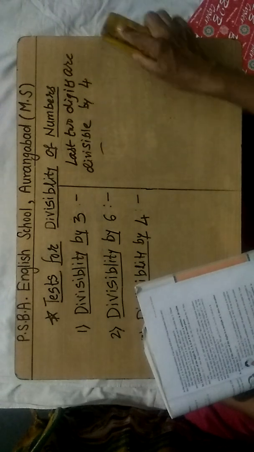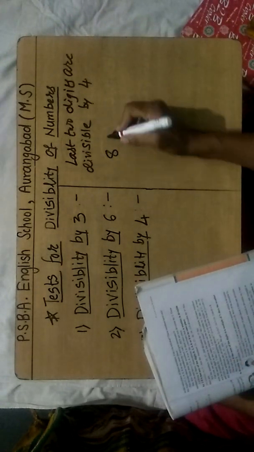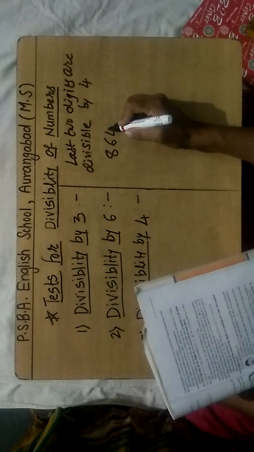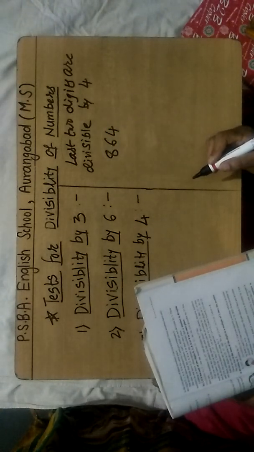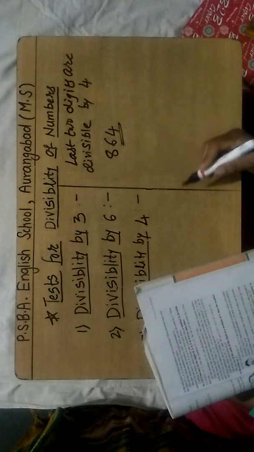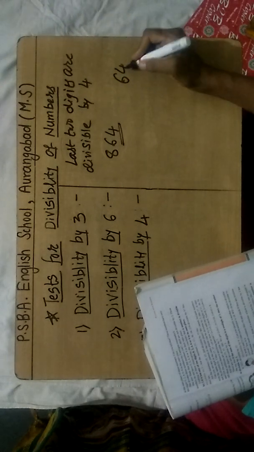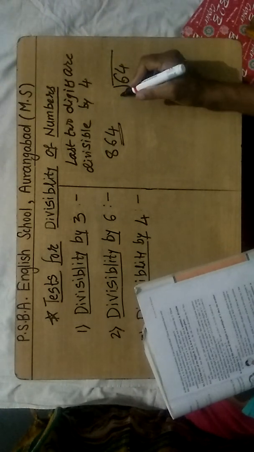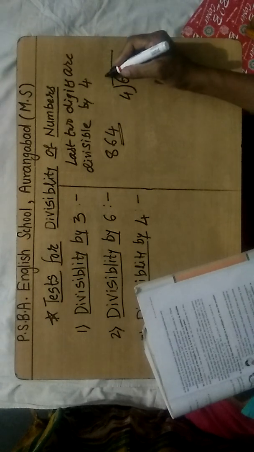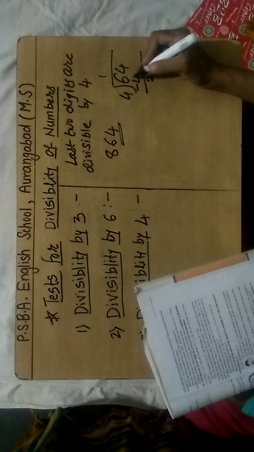What is the next example? Suppose 8,064. Okay, the last two digits of this number are 64. So we will divide 64 by 4. We will check whether this 64 is divisible by 4 or not. Okay, 4 ones are 4, remainder is 2.